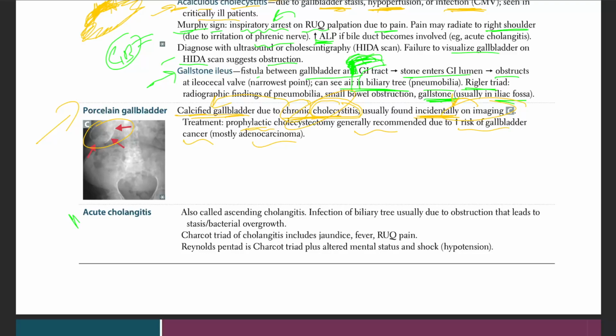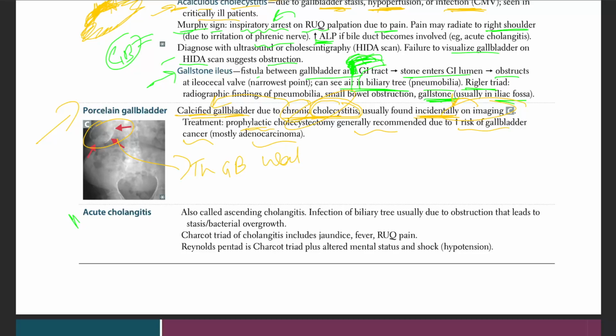And the picture would show you a thickened gallbladder wall with the rim of calcification. Okay. Why would it occur? Well, it occurred due to dystrophic deposition of calcium salts in the setting of chronic infection, inflammation.